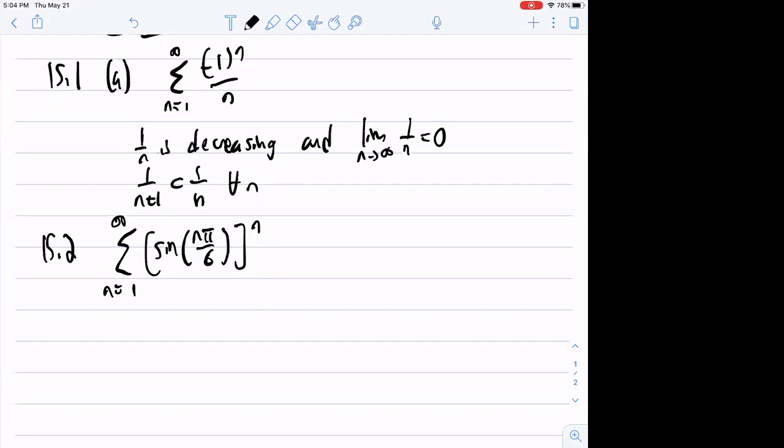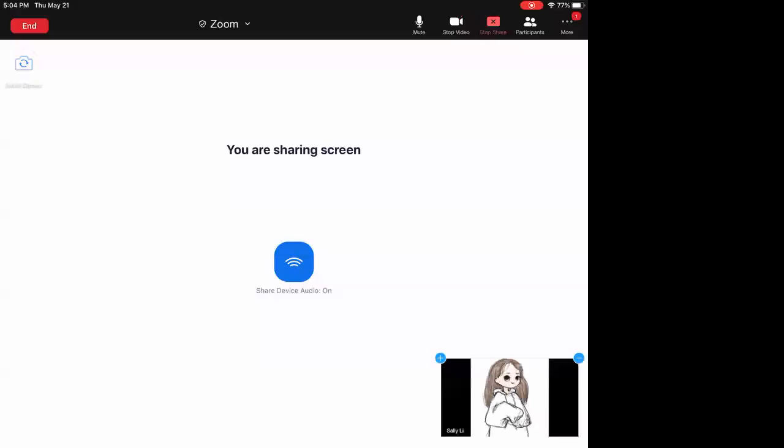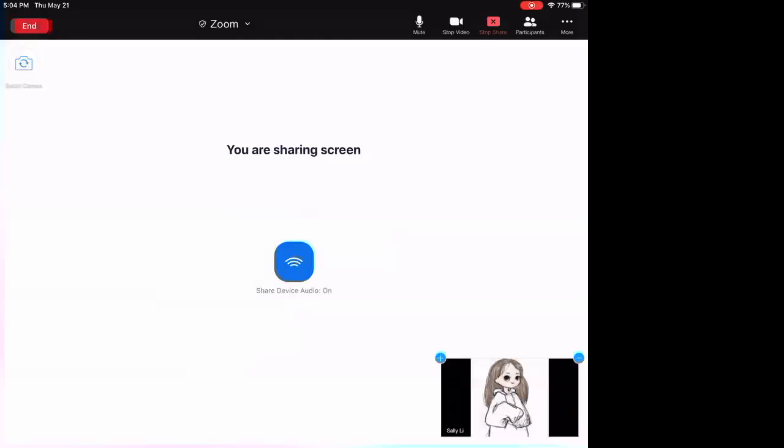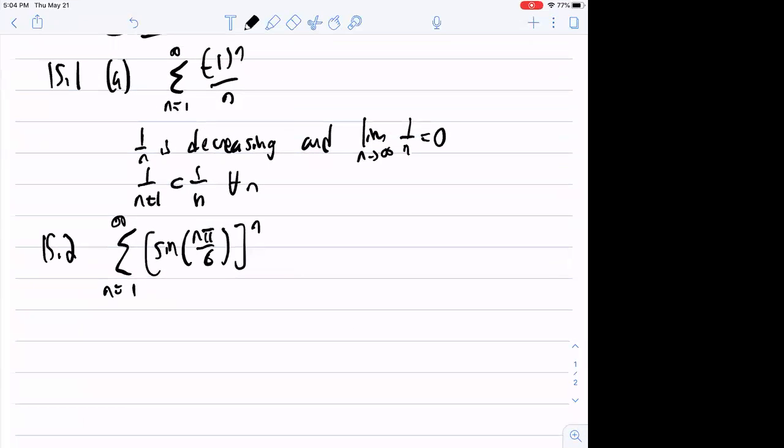What is a necessary but not sufficient condition for a series to converge? In other words, if a series converges, what do you know about the terms? Yeah, the answer is diverge, but you have to say why.